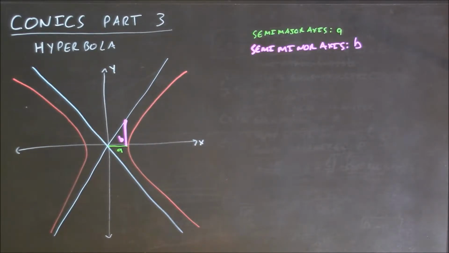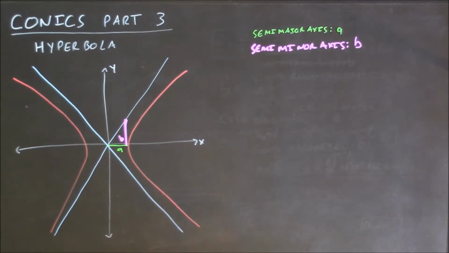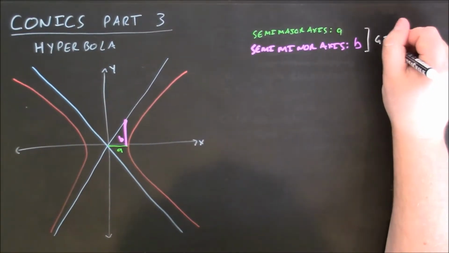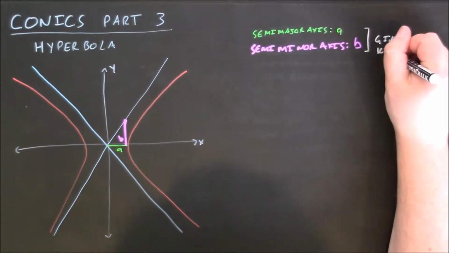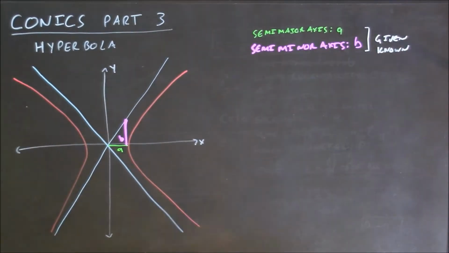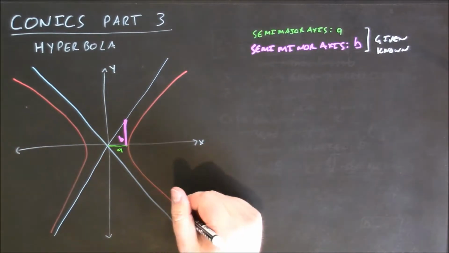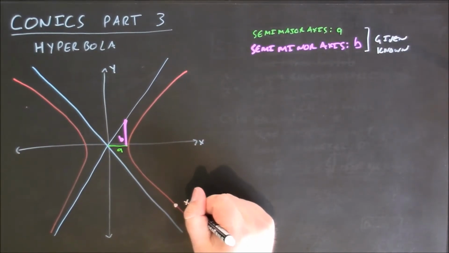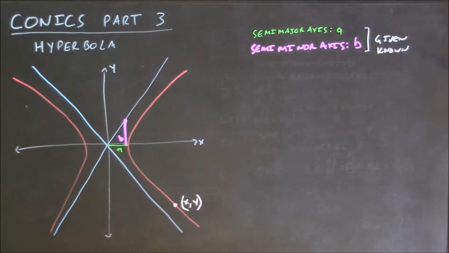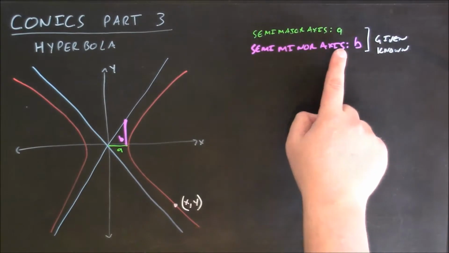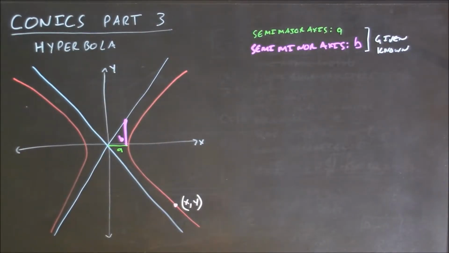Now we have two terms, A and B. And these terms are very convenient because they are usually given or known, or you can easily determine them. Now let's say we have a point on the hyperbola, x, y. We can come up with an equation that expresses the location of x and y using these two terms a and b.